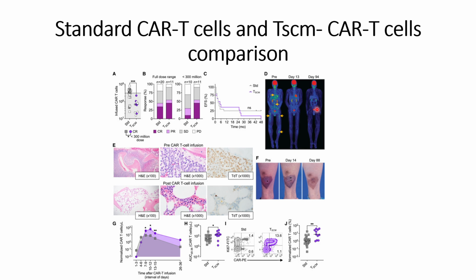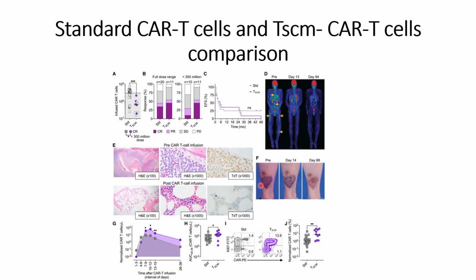this radiology result. And when they checked the H&E staining, in the pre-CAR-T cells we can see a lot of signals for the TDT, and these staining results also clearly show the presence of the tumors, whereas post CAR-T cell infusions we can see that the H&E staining looks more like a normal staining, and the TDT staining has almost gone away.